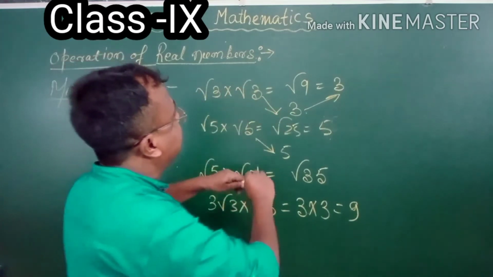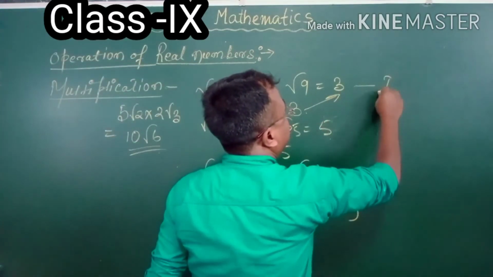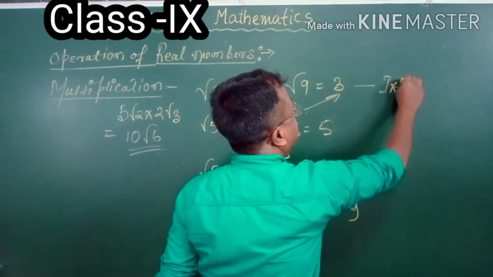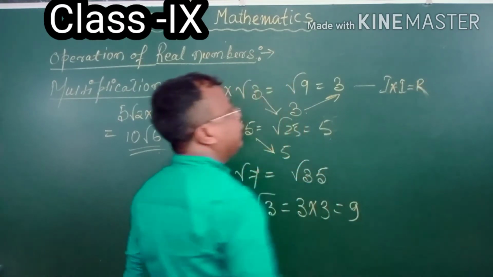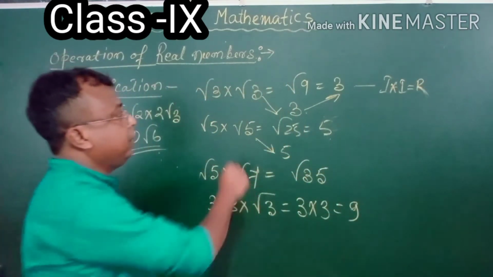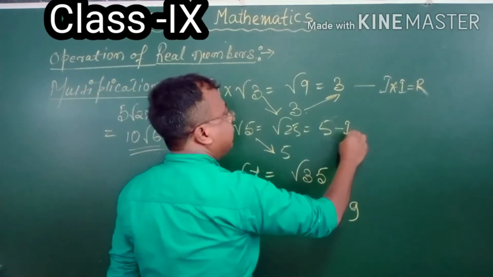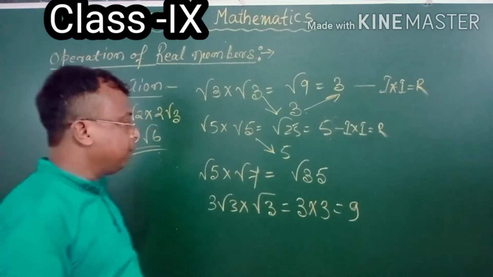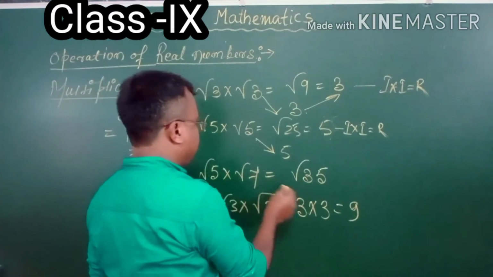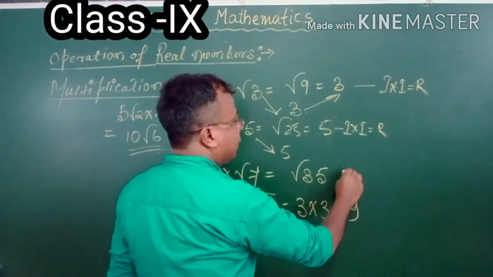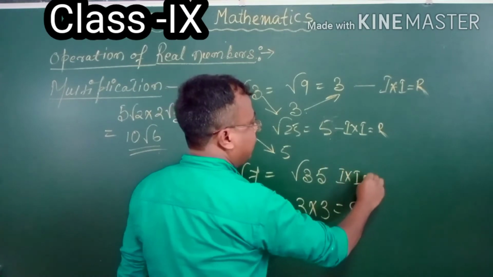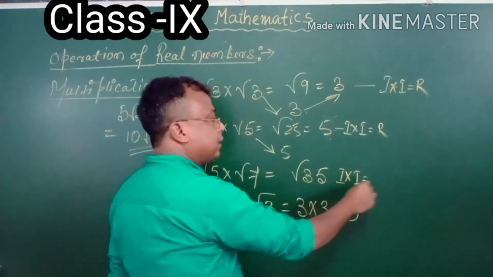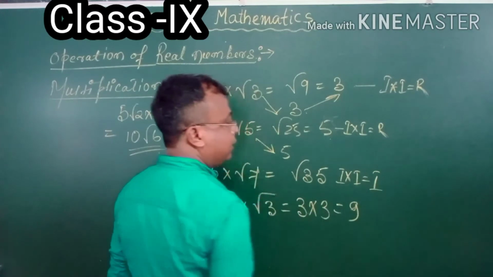So, from this example, what we came to know: if we multiply two irrational numbers, here in this case, you will get a rational number. In this case also, if you multiply two irrational numbers, you get a rational number. Here also you are multiplying two irrational numbers, but the answer you get here is an irrational number.